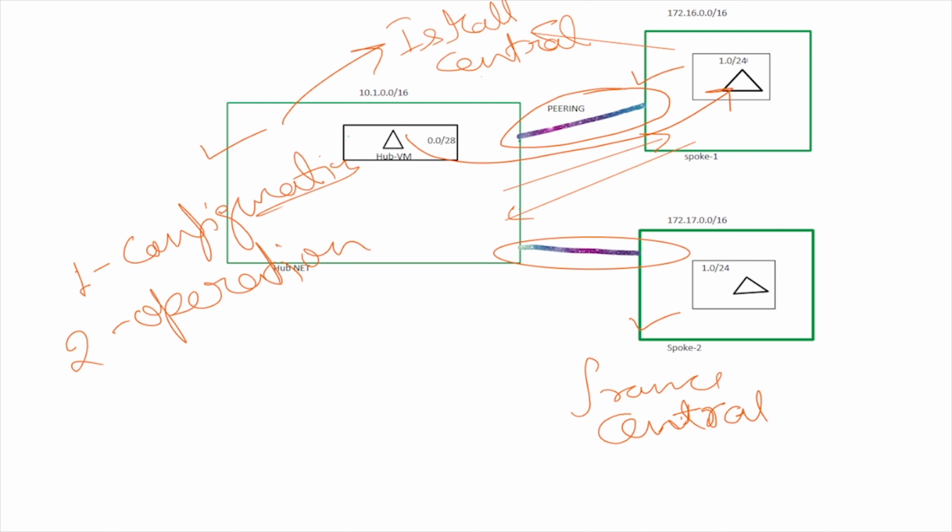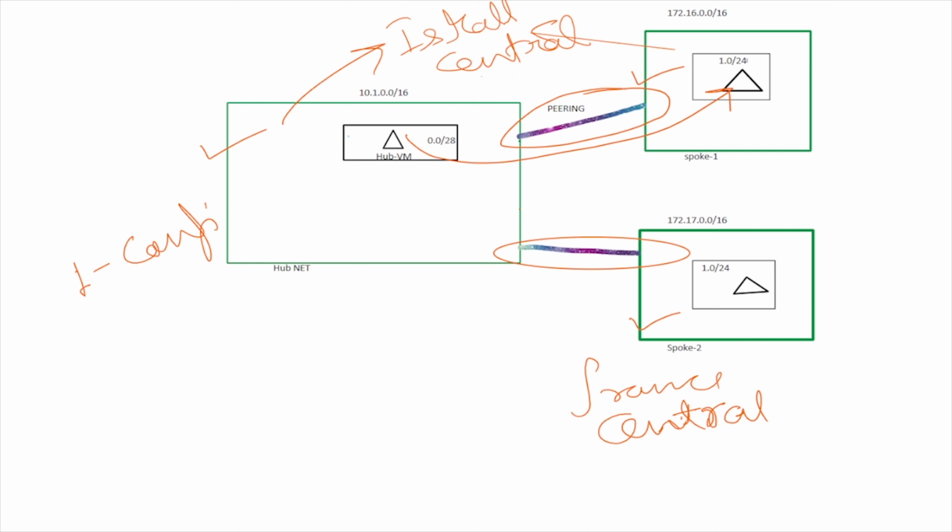Okay, similarly, if we initiate a global peering between hub and spoke two, there will be two peerings established between spoke two and the hub. Now once these peerings have been established, both spoke one and hub will be able to communicate with each other, and spoke two and hub VNet will be able to communicate with each other.